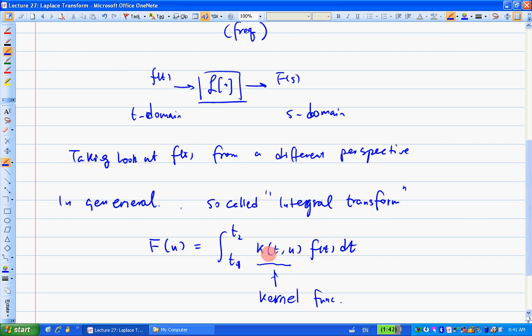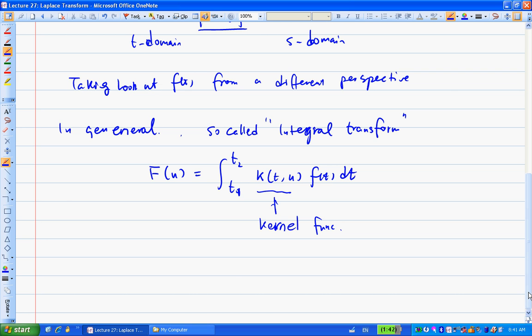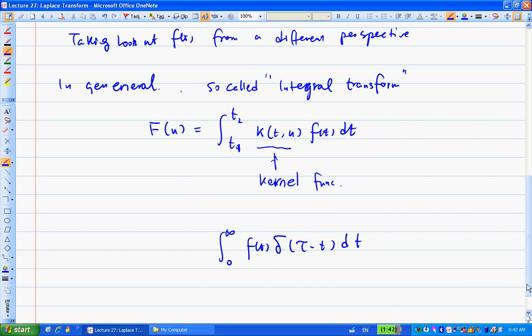As a matter of fact, if you recall when we were learning the impulse function, one of the properties we learned is the integral from 0 to infinity of f of t multiplied by delta of tau minus t, dt. Remember this?